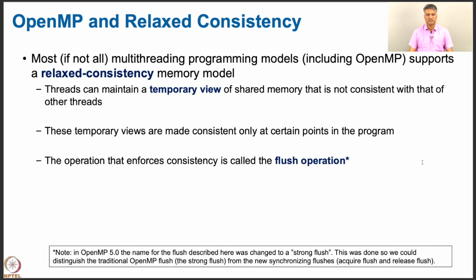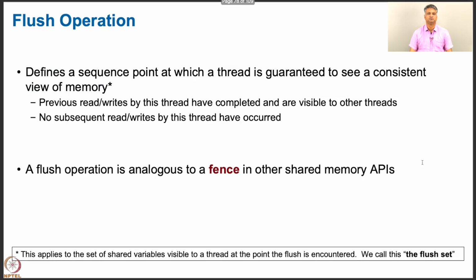One of the operations that enforces this consistency is called the flush operation, and we need to understand where flushes take place. So what is essentially a flush operation? A flush operation is a sequence point at which a thread is guaranteed to see a consistent view of memory.